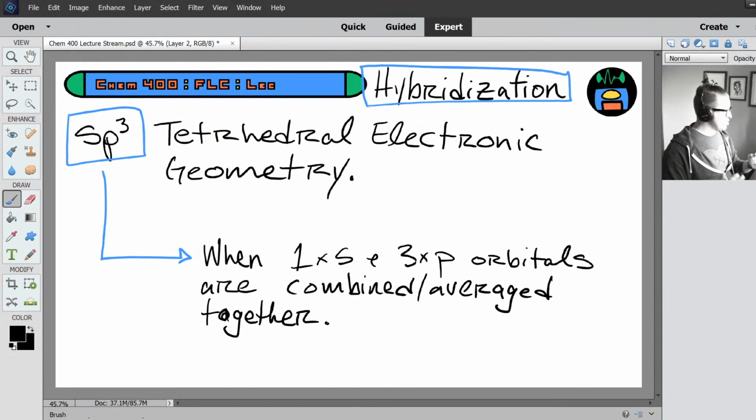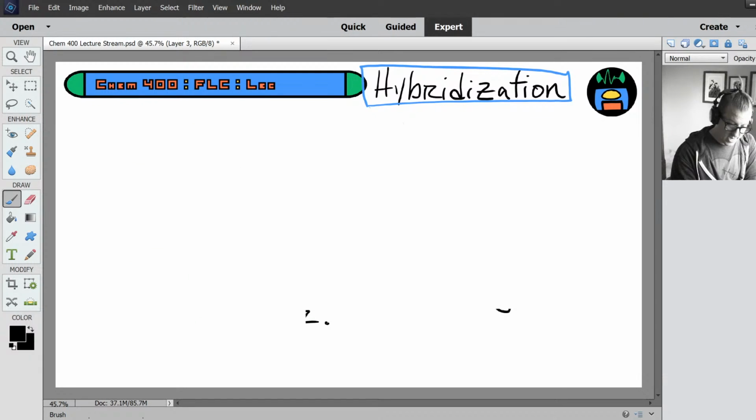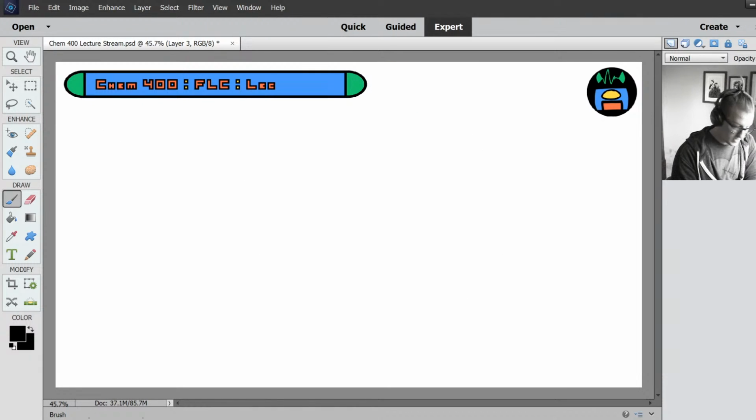The question is, what other geometries can we explain with this concept, with this idea of hybridization? The answer is, we're going to look specifically at sp2 hybridization and sp hybridization.